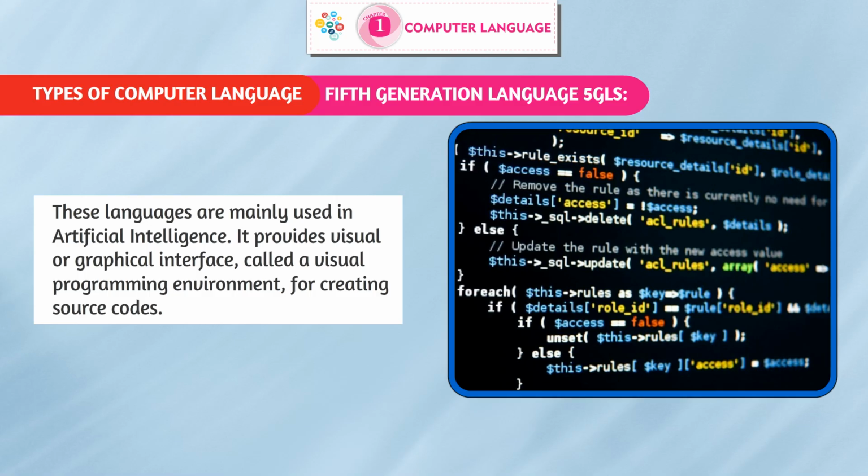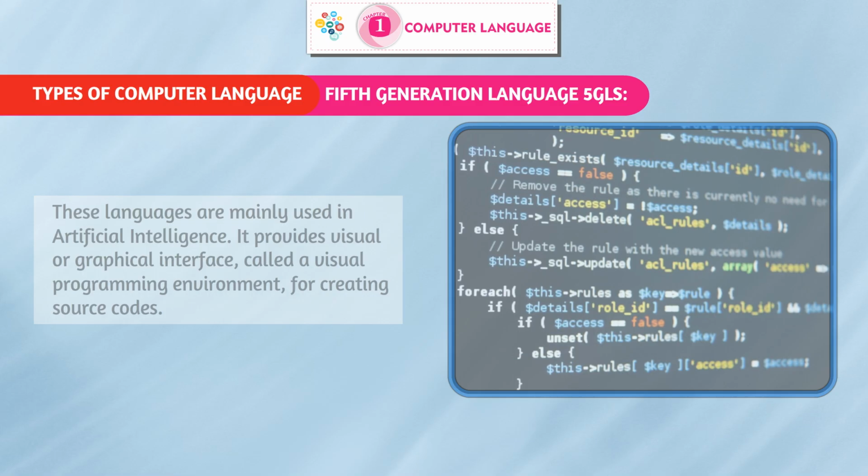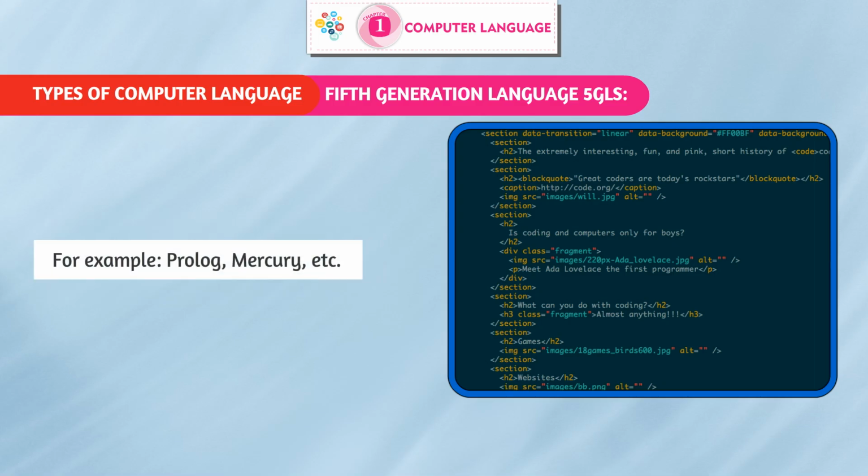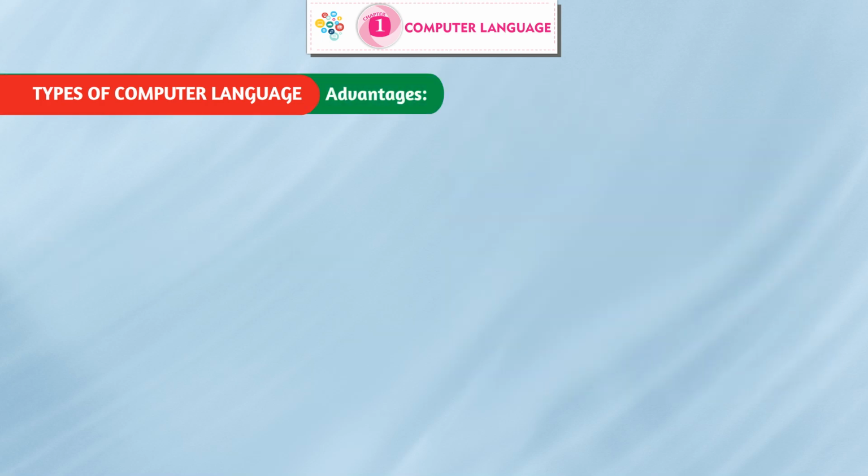These languages are mainly used in artificial intelligence. It provides a visual or graphical interface called a visual programming environment for creating source codes. People can talk to computers, and the voice recognition system converts spoken sounds into written words. For example, Prolog, Mercury, etc.